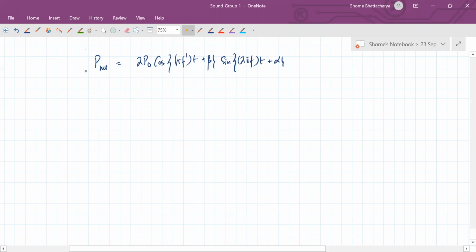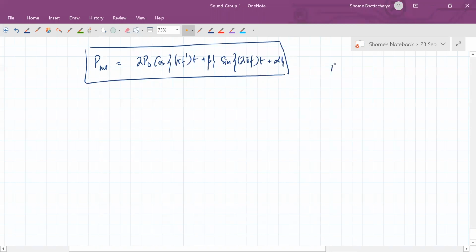This thing, if you want to analyze it, in our particular example we had taken f1 500, f2 502 hertz. So f was 501 hertz, so approximately 500 hertz.